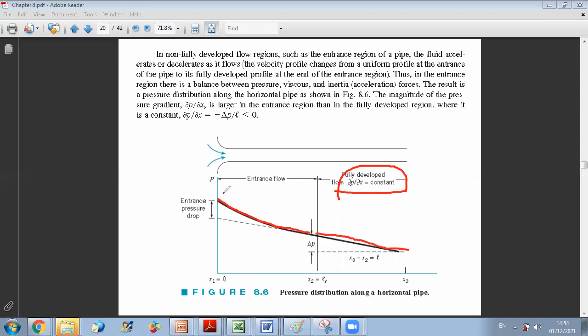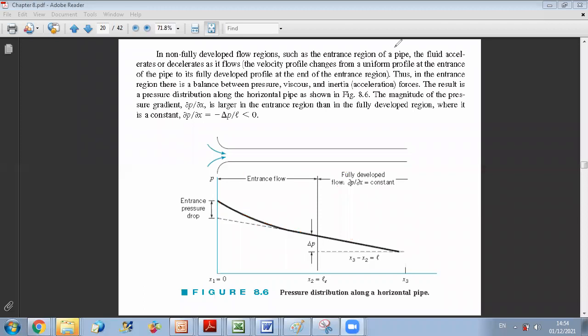It's not a constant pressure gradient, because in this zone you are moving towards fully developed flow. As you can see, the pressure drop is larger at the start, with the highest drop and gradient when we enter. And as we move through the duct, this effect decreases until reaching the constant pressure gradient slope in the fully developed region.